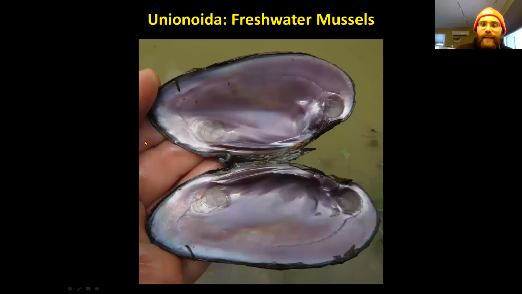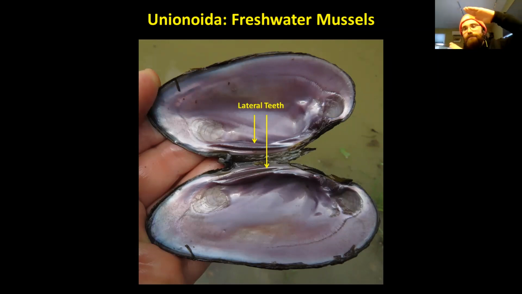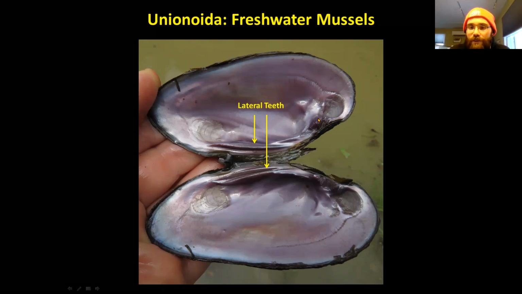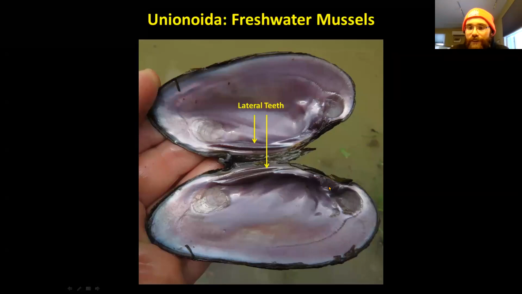And when we look at these and we have a shell completely popped open, we get a better idea of what's going on here. The lateral teeth, when the shell closes, are going to come together perfectly. So this part will fit in right there. And then the pseudocardinal teeth, so this tooth right here, is going to fit in perfectly right in here.